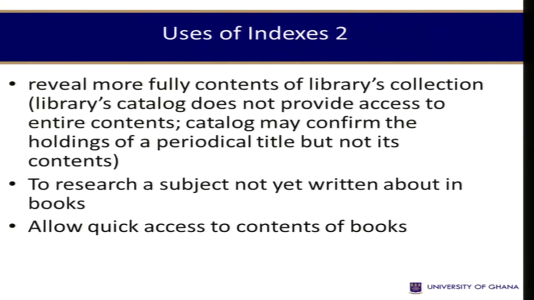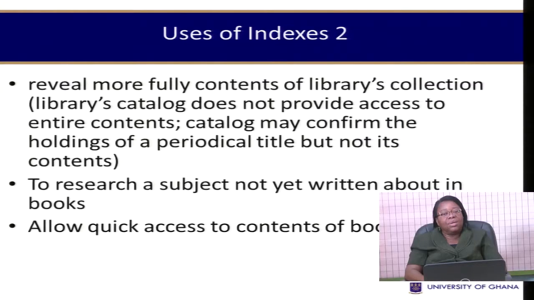As I mentioned earlier, the index has a little advantage over the library catalog because it provides more fully the content of the library's collection. That means the periodical index will list specific articles and their page numbers for you to see what is in there. Now, the indexes also list subjects which are not yet written about in books.